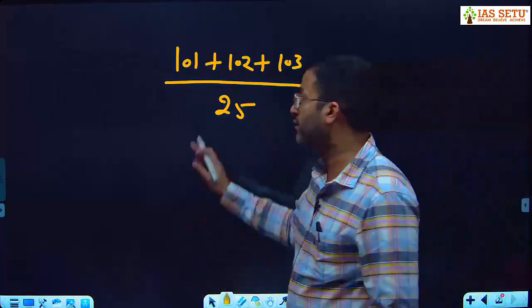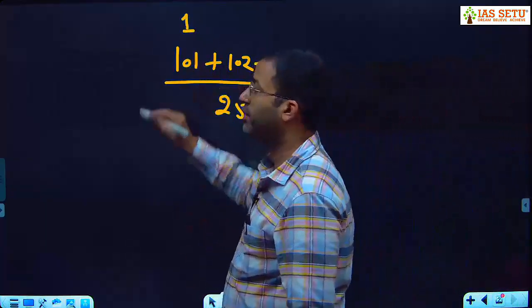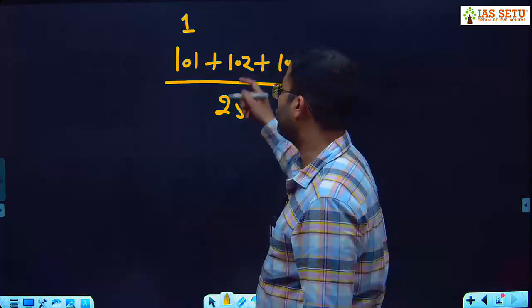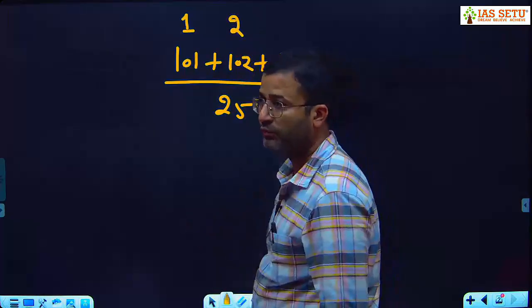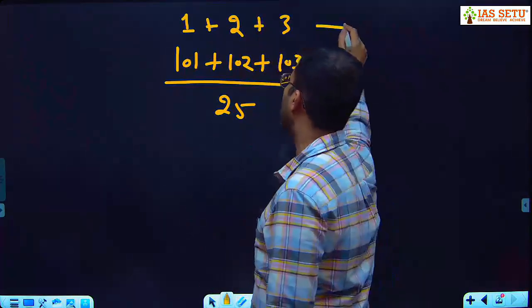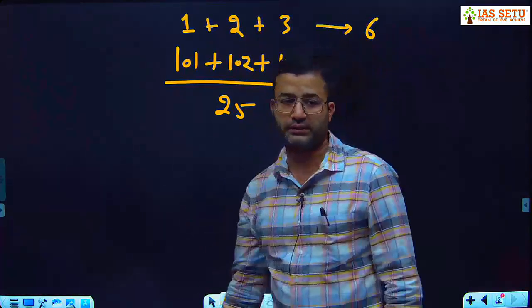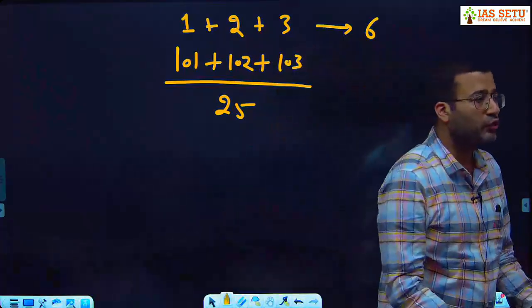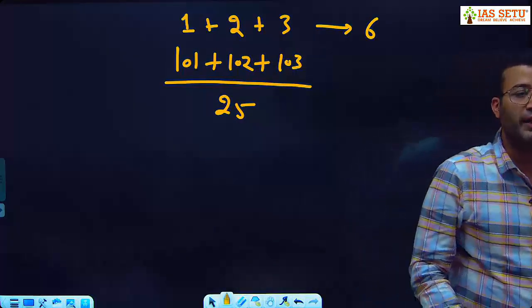So 101 with respect to 25 give remainder 1. 102 with respect to 25 give remainder 2. 103 with respect to 25 give remainder 3. You add and we get our answer 6. So what we can do, we can take individual remainder and we can add and we get answer.